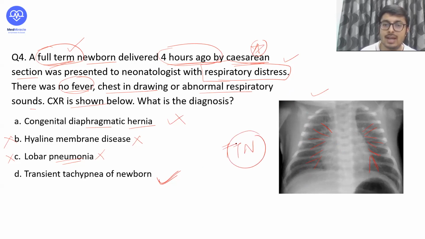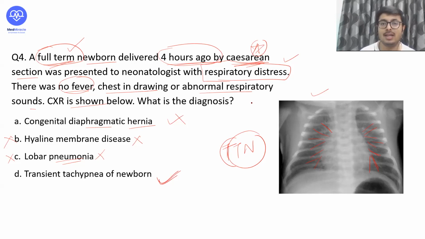It is classically seen in full term babies who are delivered by LSCS, because during normal vaginal delivery, the child undergoes a bit of distress, the lung becomes active and the child is able to breathe once he gets delivered, because the lungs have started producing the respiratory effort during the delivery.